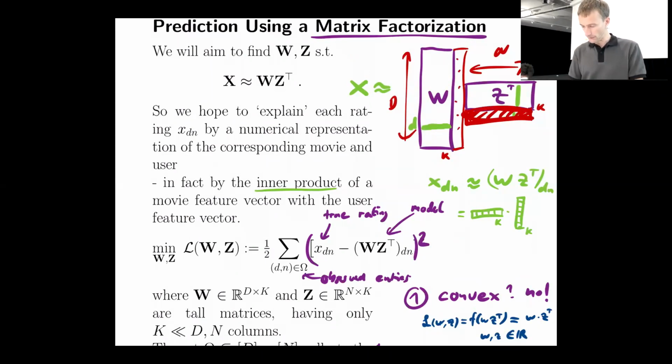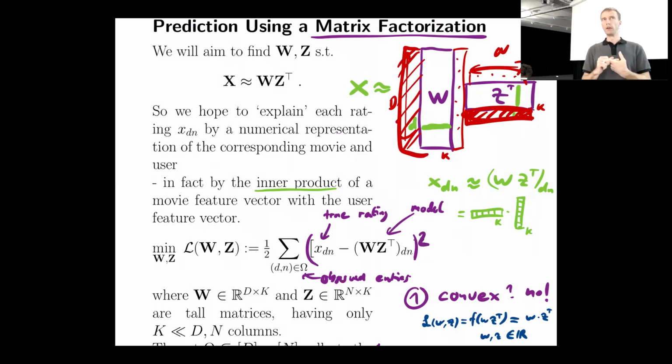And you would also add some hard-coded information about the movies if you have it, together with a learned part of the user. So I'm just saying this would be a nice way to combine existing side information about users or movies with these learned features. And yes, this is also possible.